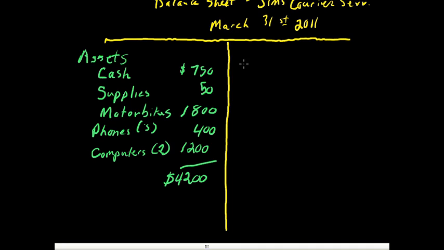Now, let me give you an example of what I mean. Jim has some debt, or as we said, these are also called liabilities.